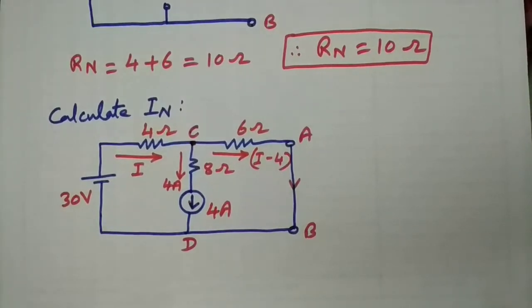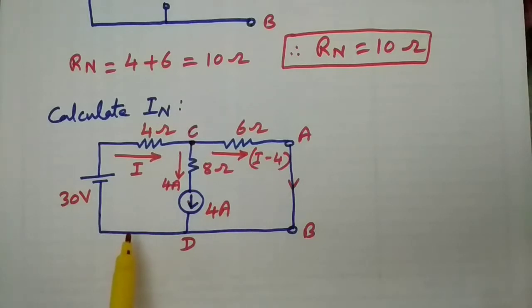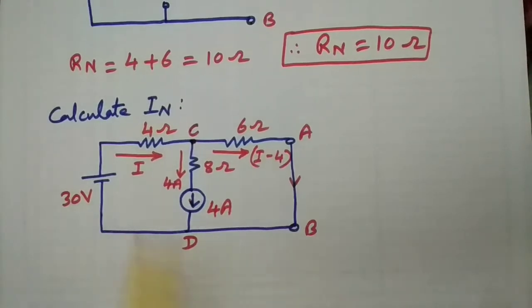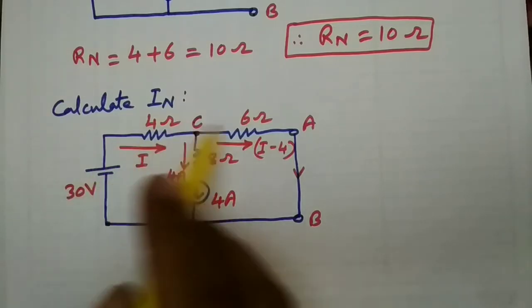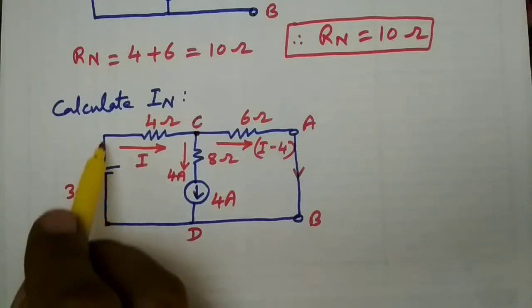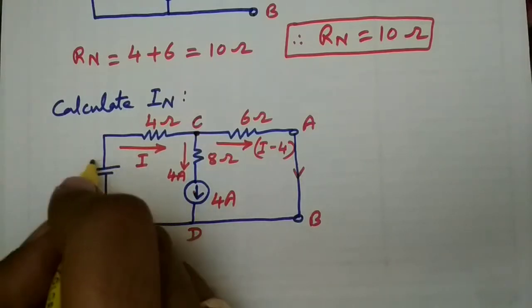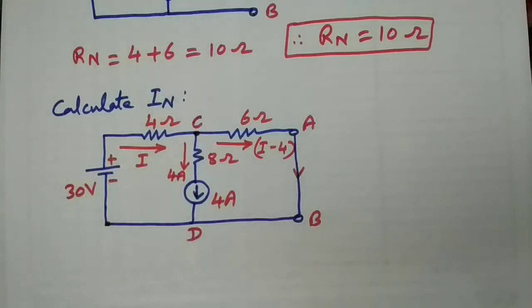In the next step, we will apply the KVL in the entire circuit. Let's start from this point and go in the clockwise direction. From here, if we move in the upward direction, here are the positive and negative terminals of the voltage source.